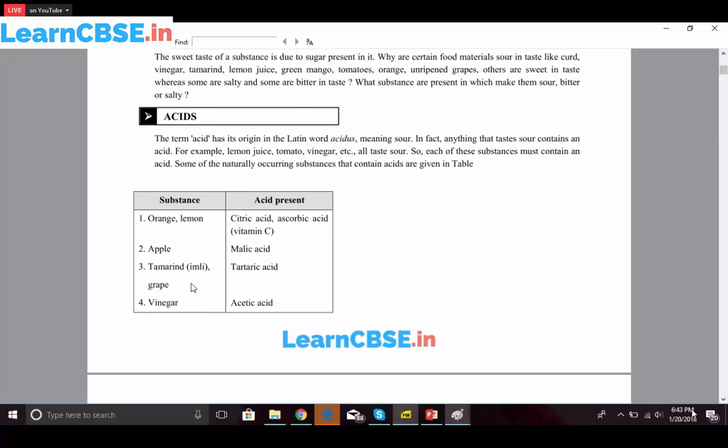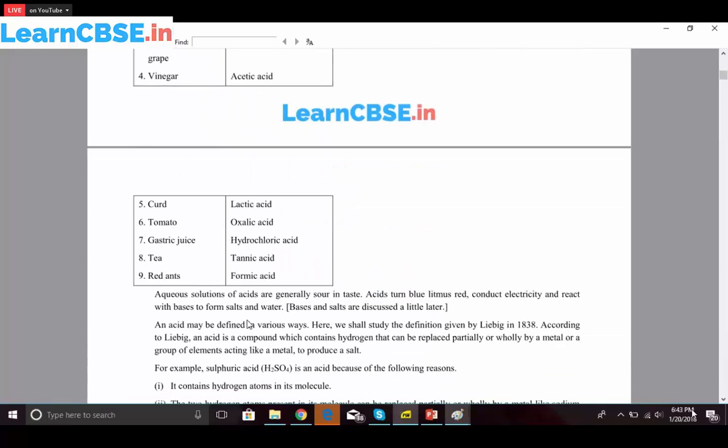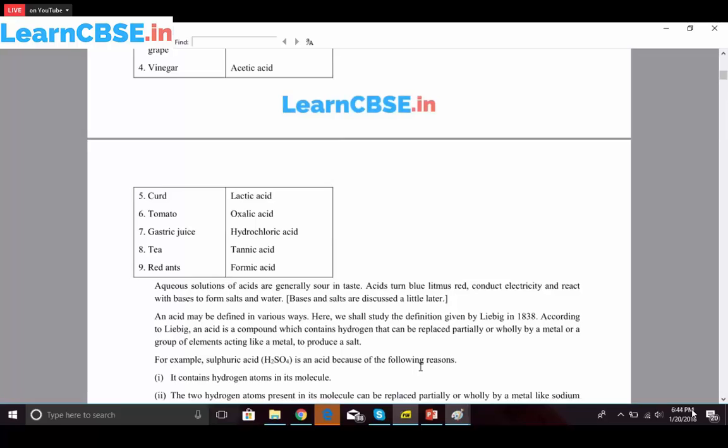Tamarind, imli, and grapes contain tartaric acid, vinegar contains acetic acid, curd contains lactic acid, tomato contains oxalic acid. The gastric juice present in our body contains hydrochloric acid, HCl. Tea contains tannic acid, and red ant contains formic acid. So all acids are generally sour in taste.